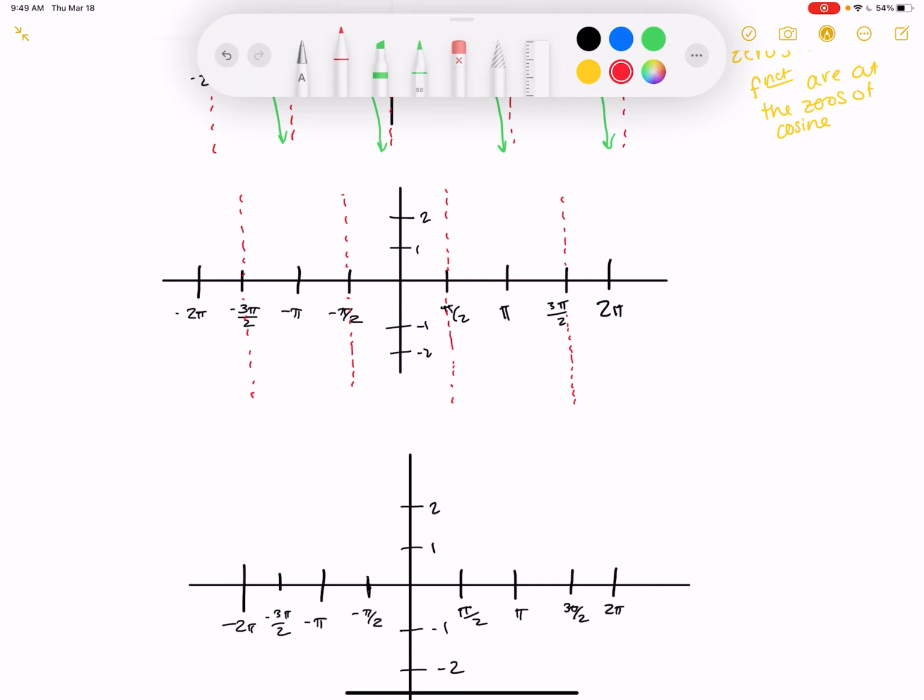Okay, so this is going to be for secant. Okay, so with this one, we're going to keep in mind that this is 1 over cosine. So that means that the asymptotes are at the zeros of cosine.